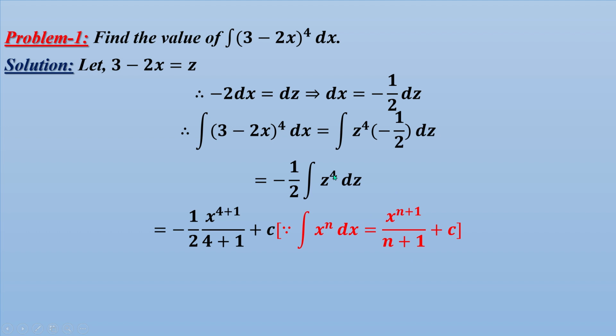As here n is equal to 4, so z to the power 4 plus 1 by 4 plus 1 plus c, and minus half is fixed. This is the arbitrary constant. Now calculating, we get minus 1 by 10, 3 minus 2x to the power 5 plus c. Here it is not x, it will be z, because z is equal to 3 minus 2x. Okay, this is the required answer.